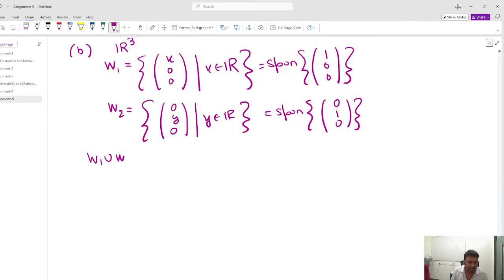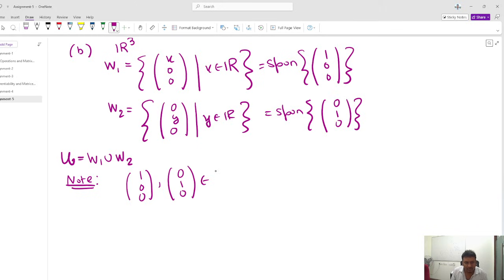Now you know what W1 union W2 is, right? Call it, say, U. Note that (1, 0, 0) and (0, 1, 0) belong to this U, right? But is their sum there? No, it's not there, right?